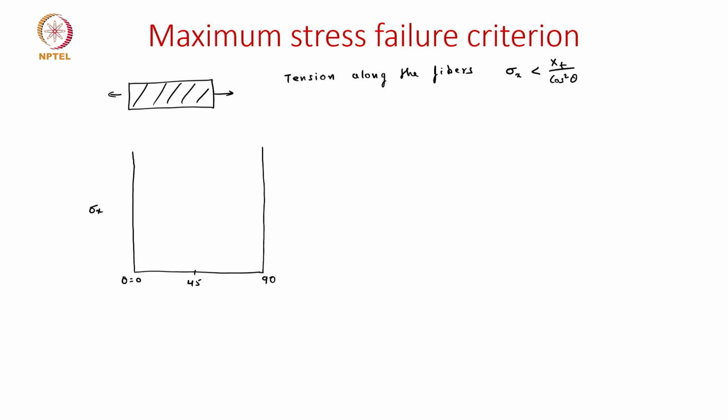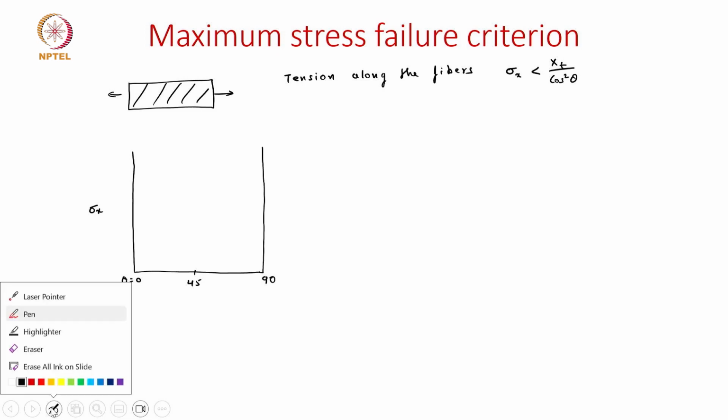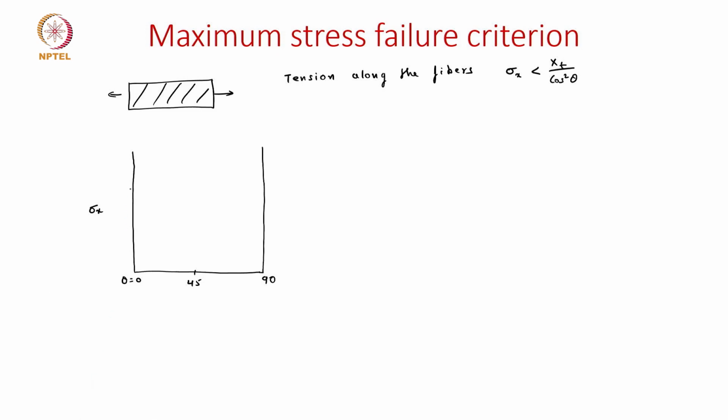So now let's see how we can plot this. Since we know cos square theta is less than 1, it's an increasing curve. So let's plot this and show that from here it starts increasing. This is related to, let's say, Xt. But we should also look at stresses perpendicular to the fiber.